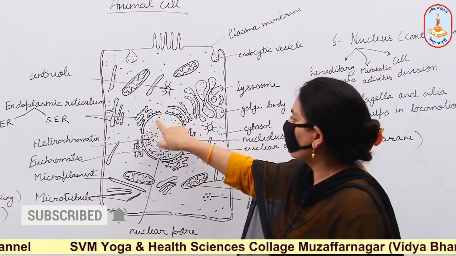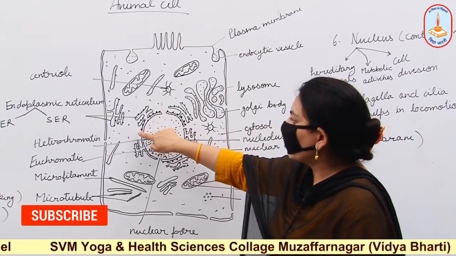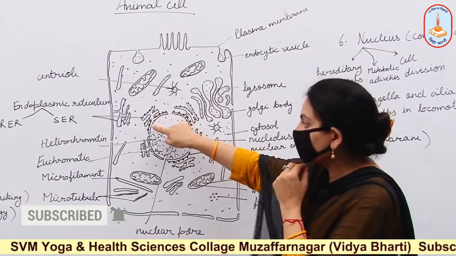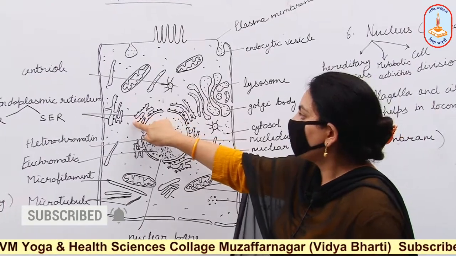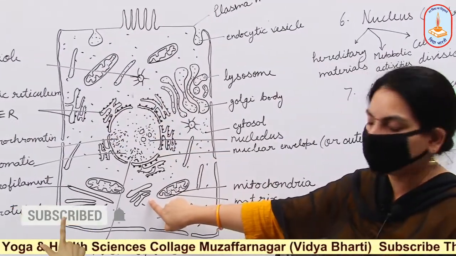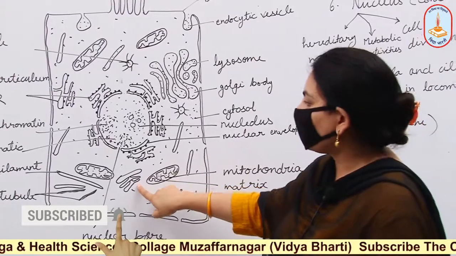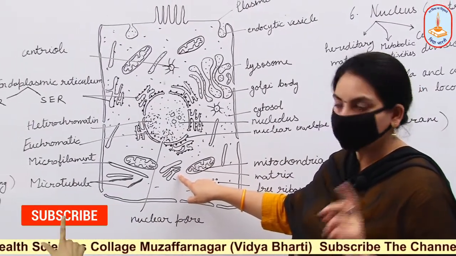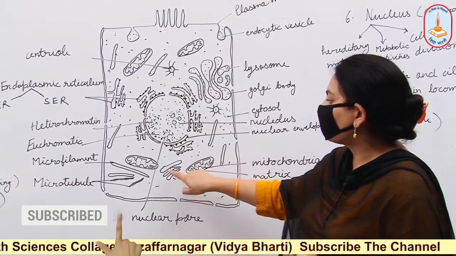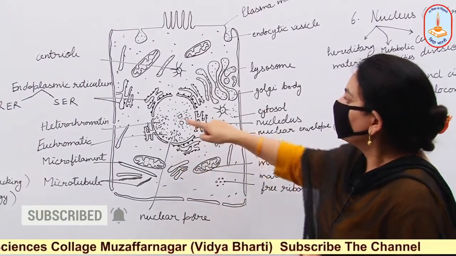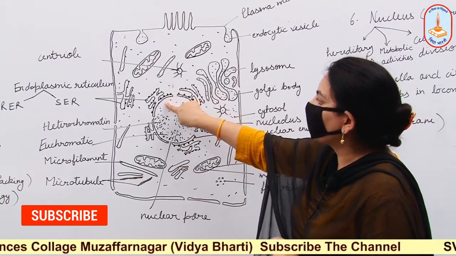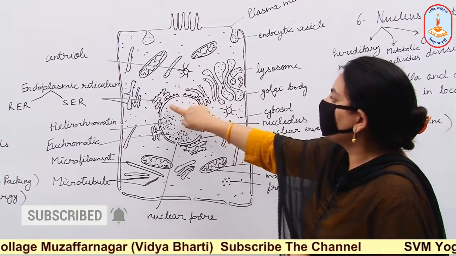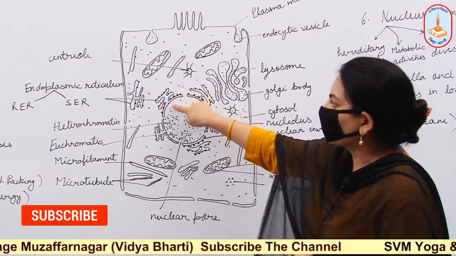And from the nuclear membrane, the endoplasmic reticulum is also attached. Some endoplasmic reticulum has ribosomes, but some is smooth endoplasmic reticulum. Smooth endoplasmic reticulum does not have ribosomes on the membrane, but the endoplasmic reticulum that has ribosomes on its outer surface is known as rough endoplasmic reticulum.